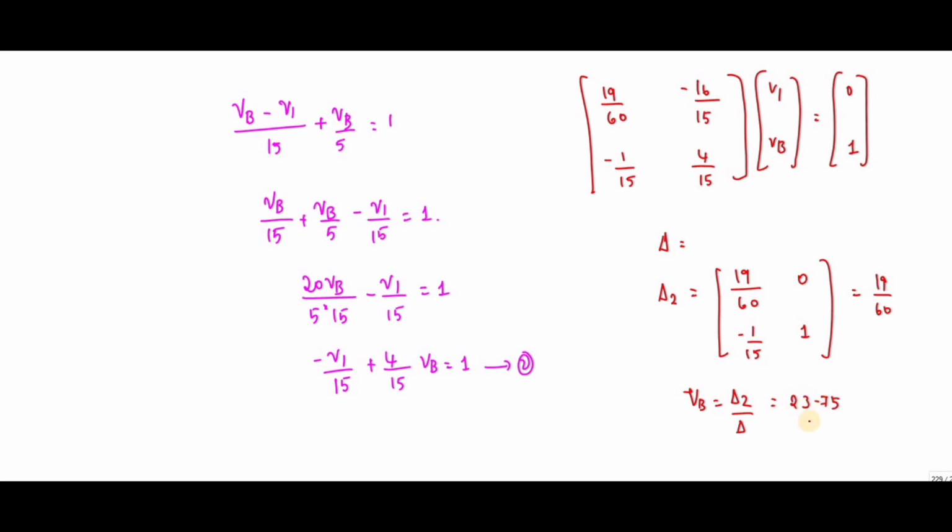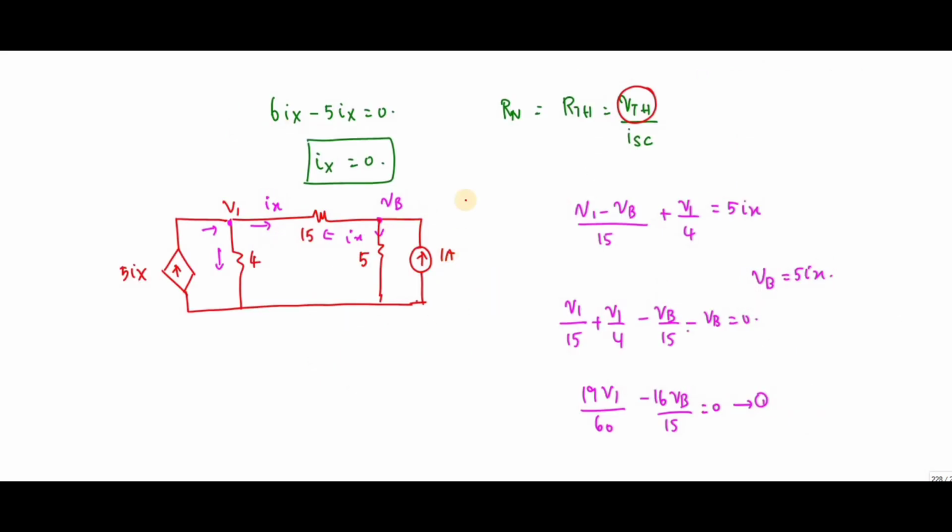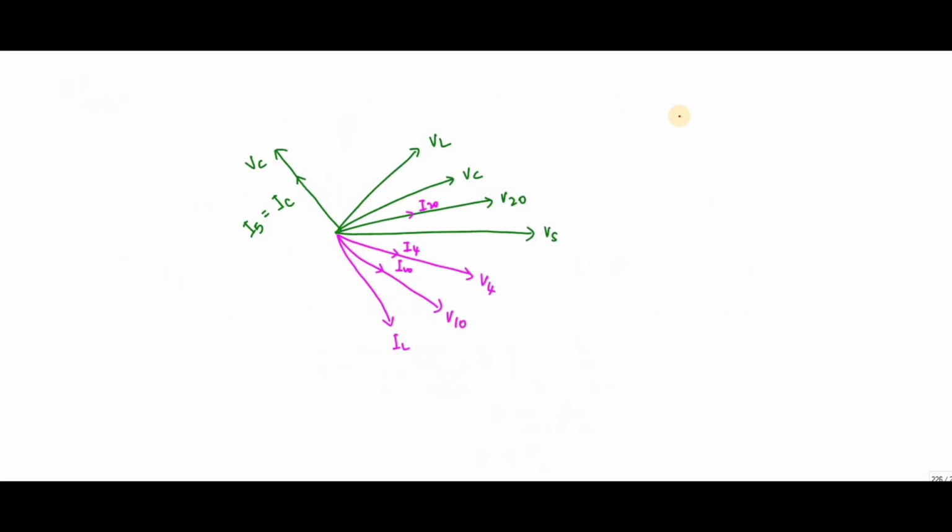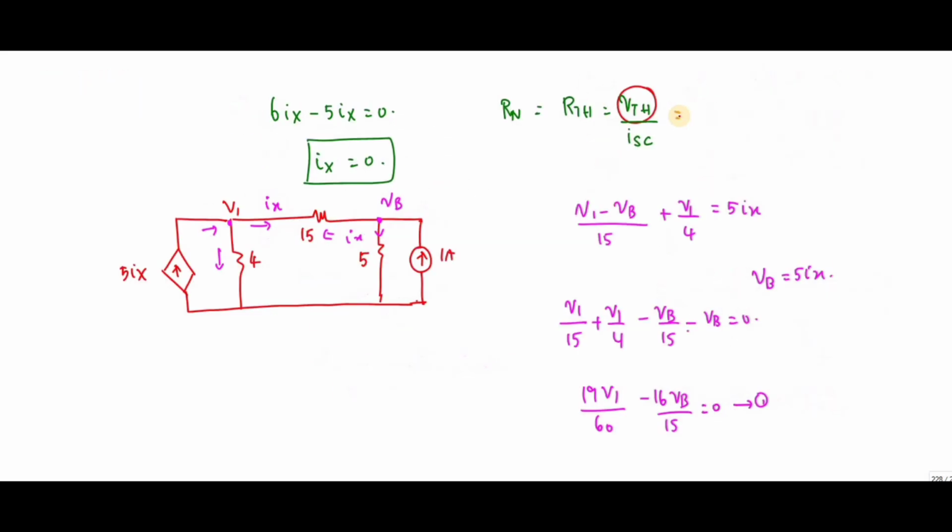That is nothing but 23.75. So the voltage across this one, VB, is 23.75, and I have taken this ISC as 1 amp. So the answer is 23.75.